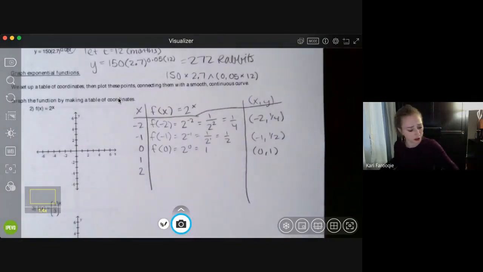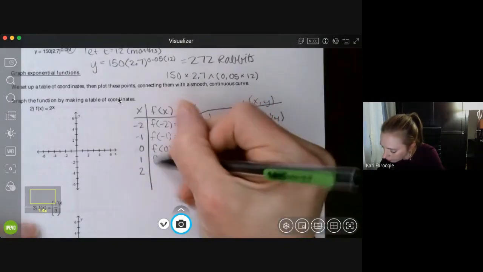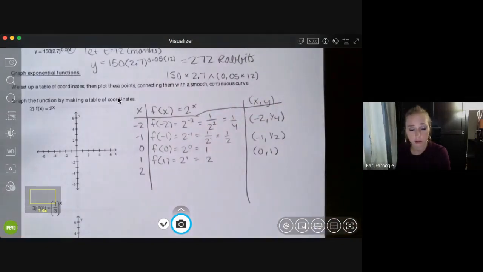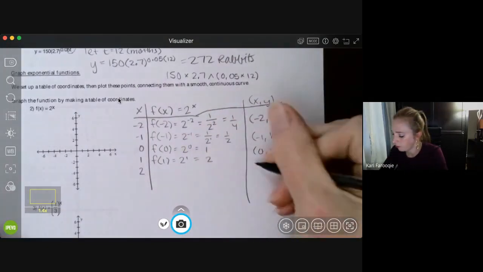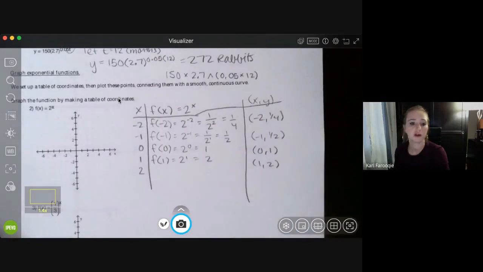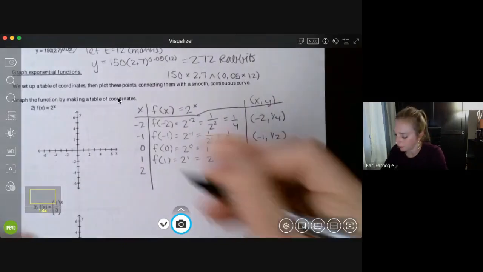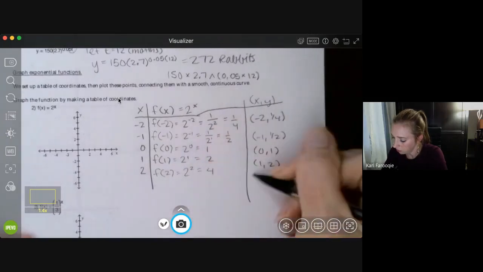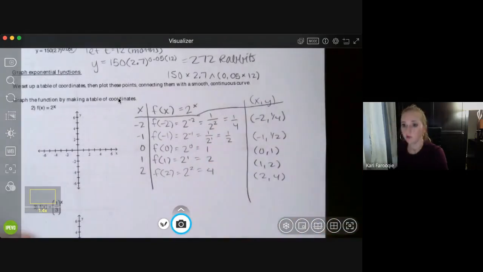Your calculator will give you that too. F of 1 is 2 to the 1st. Any real number to the 1st power is just itself. So you'll also have a point at 1, 2. And then for f of 2, 2 squared is 4. So we'll have a point at 2, 4.